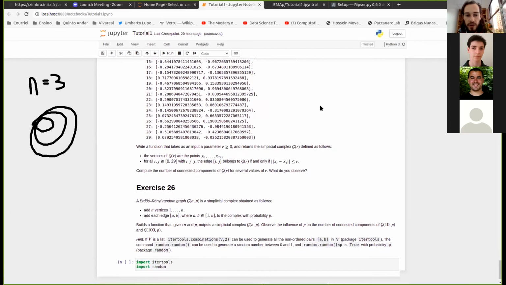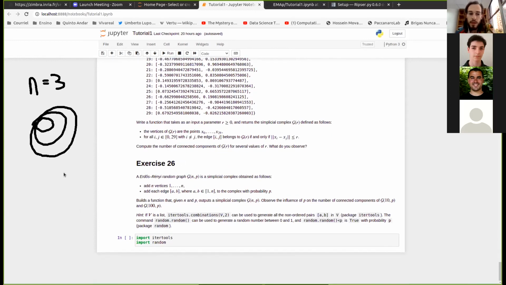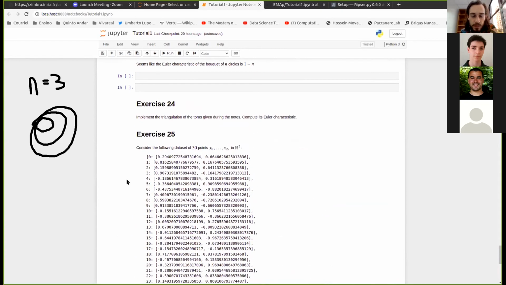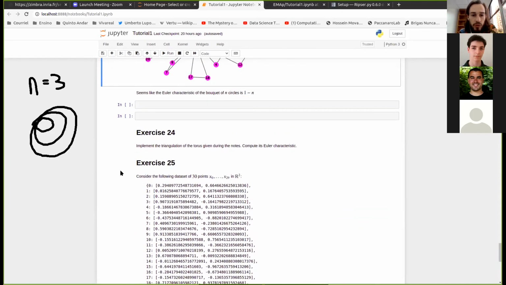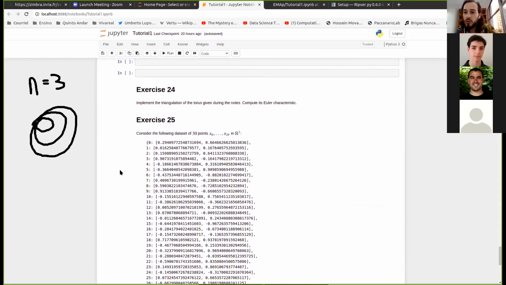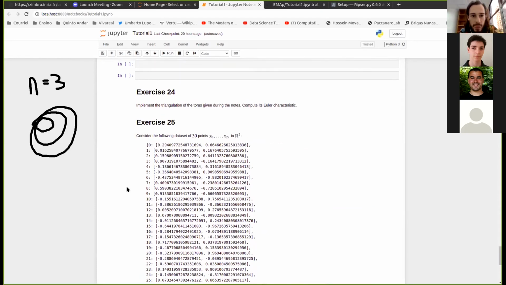And exercise 26 is an exercise where you have to build a random simplicial complex, a random graph, and then see what is the behavior of the invariants of this random graph. So don't hesitate to get in touch with me this weekend if you have any question about that.